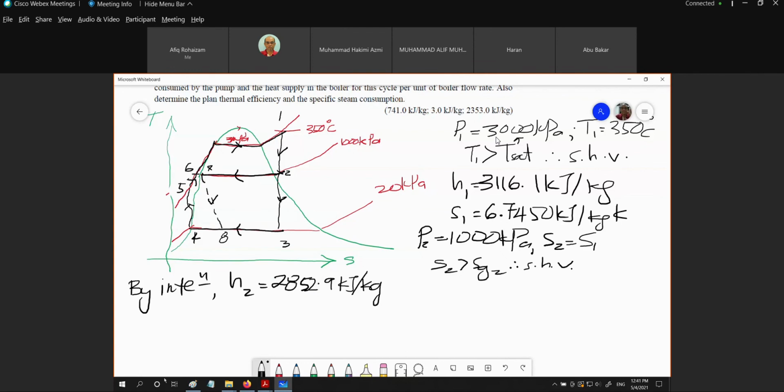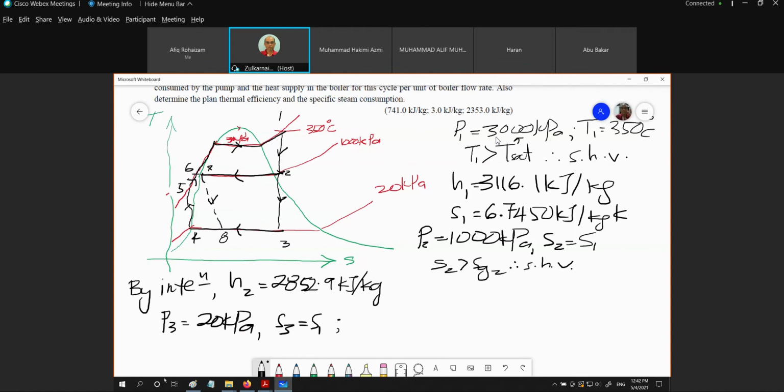And then after that, we are going to look for the H3. But before that, we need to get the state of 3. So based on the P3, which is equal to the pressure of 20 kPa, and based on the S3, which is equal to the S1, what we have in terms of the entropy right here is 6.6450.